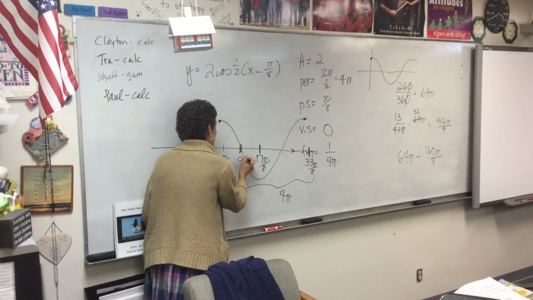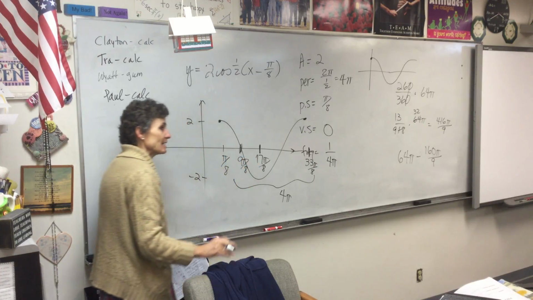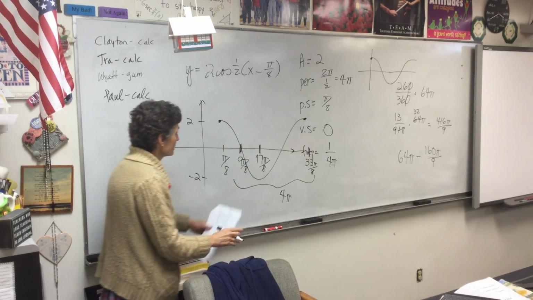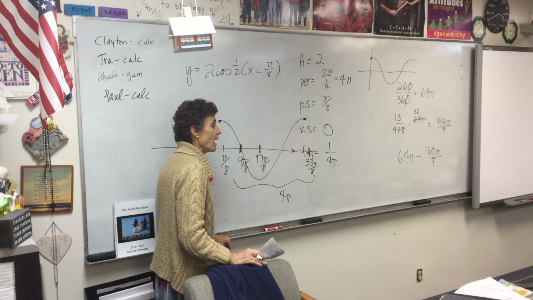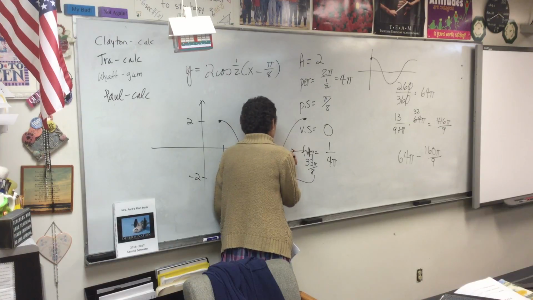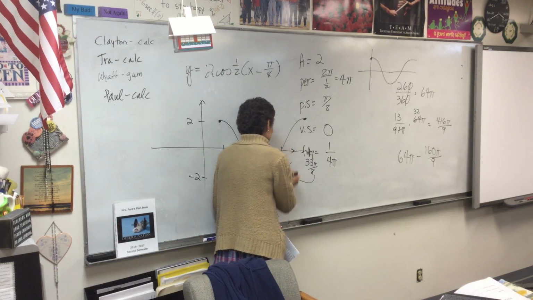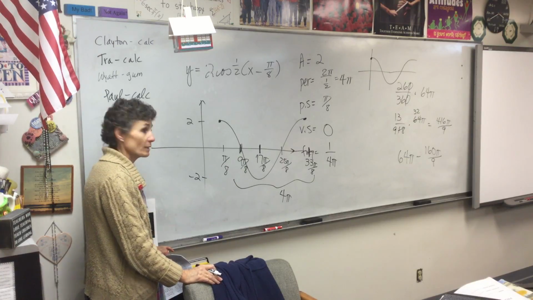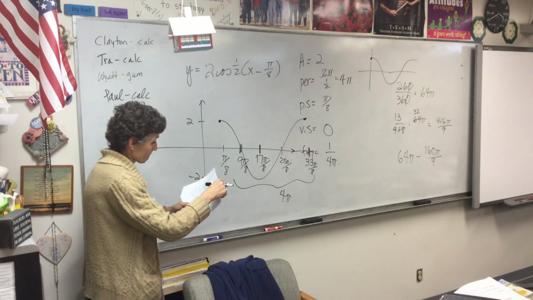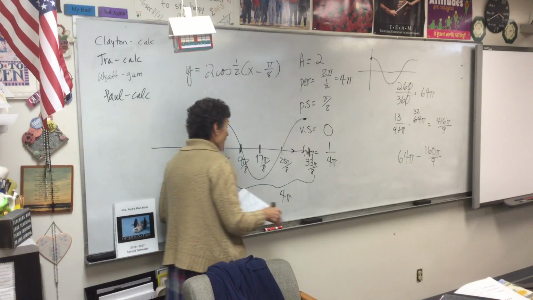You're adding them and taking half. 17 and 33. Half of it would be 25. And we're done. That one's done. Easy.